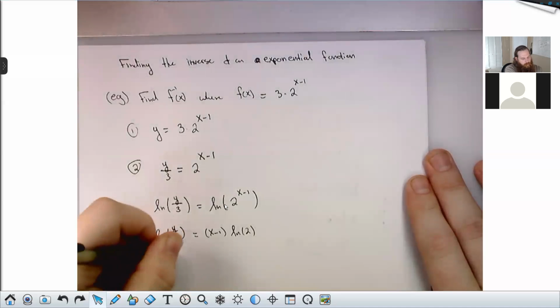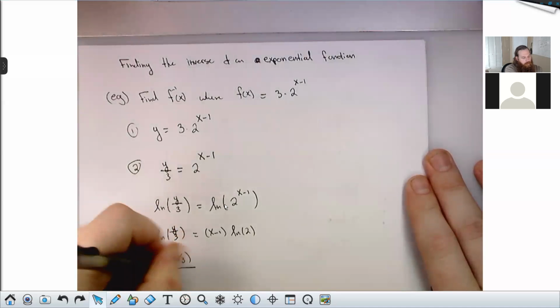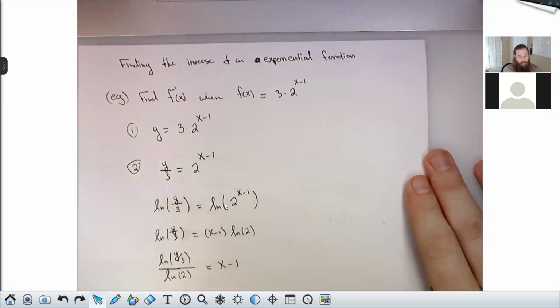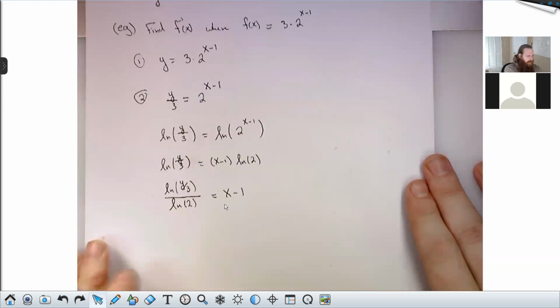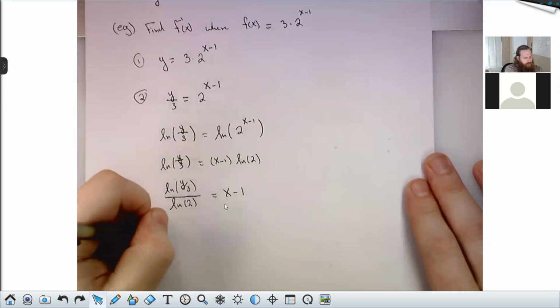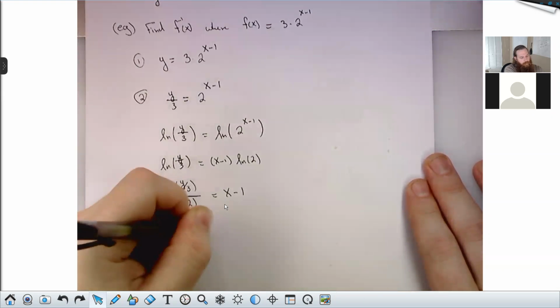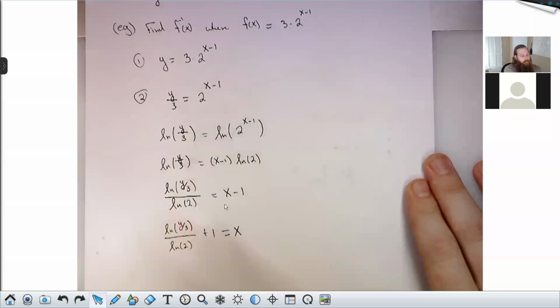And I get ln of y over 3, all divided by ln 2, equals x minus 1. And then I can add 1 to both sides. So I get ln of y over 3 divided by the ln of 2, plus 1, equals x.